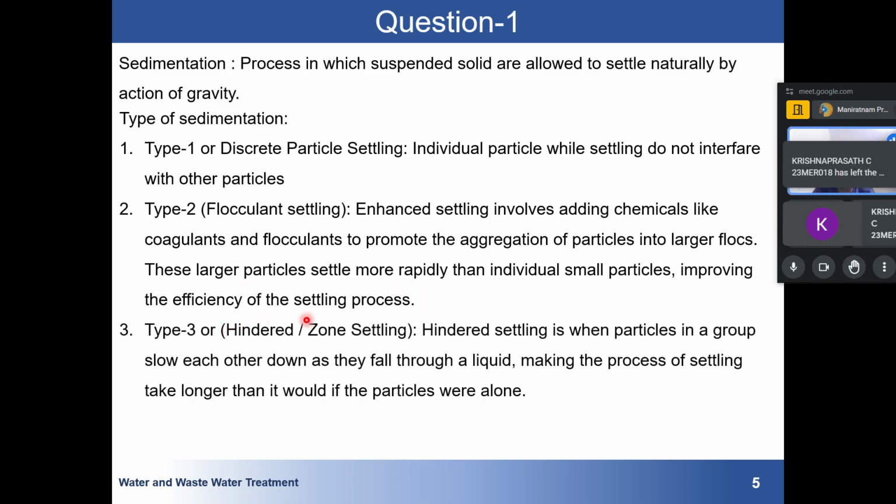So the third type of settling is type 3, or hindered settling, in which particles in a group slow each other down as they fall through a liquid, making the process of settling take longer than it would if particles were alone.